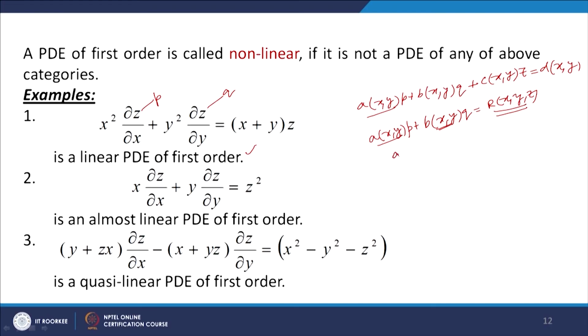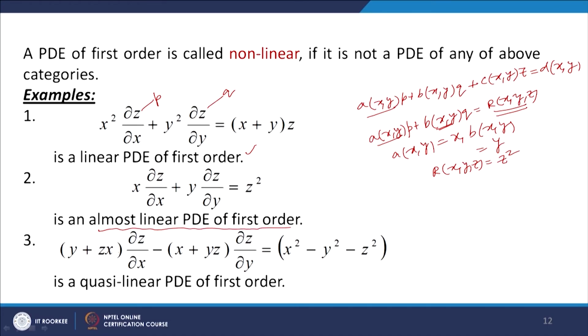So a(x, y) is x, b(x, y) is equal to y, and r(x, y, z) equal to z square. So this is an almost linear PDE of first order.